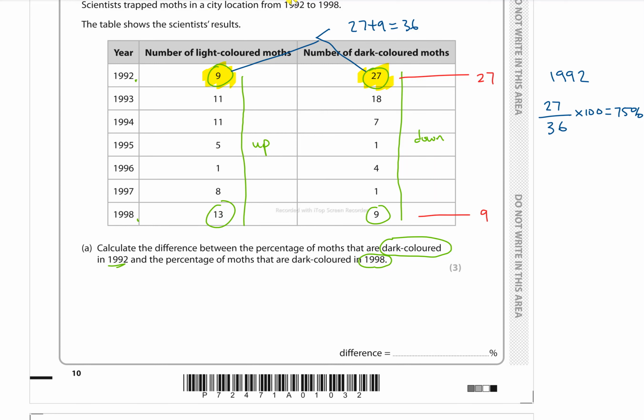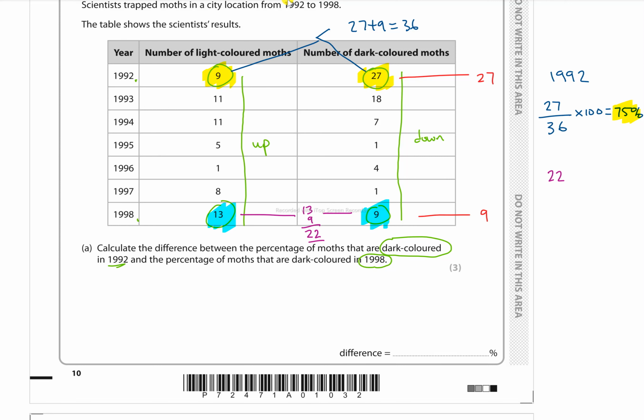So in 1992, 75% were dark. And now look at these two. So we do, if we add these two, 13 plus 9 is 22.